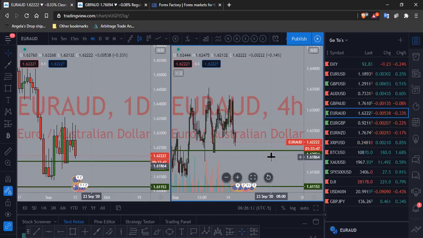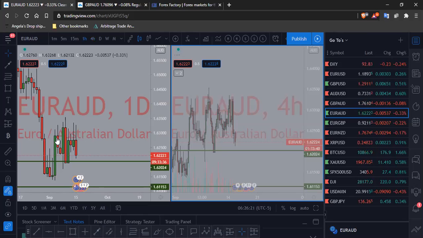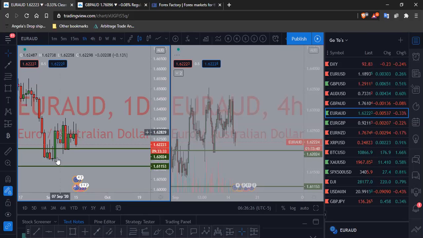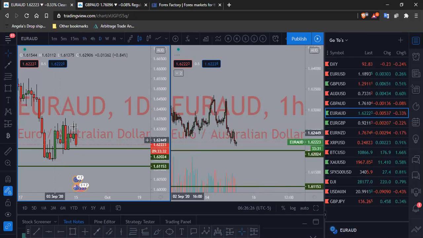Oh, every time. But hey, it is what it is. But it always happens. It's so funny. But yeah, price has just been ranging right here ever since this engulfing bullish move.